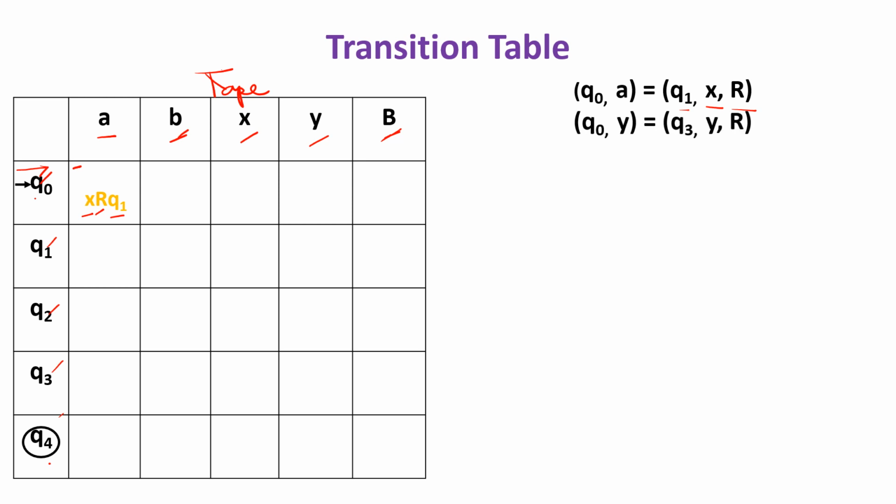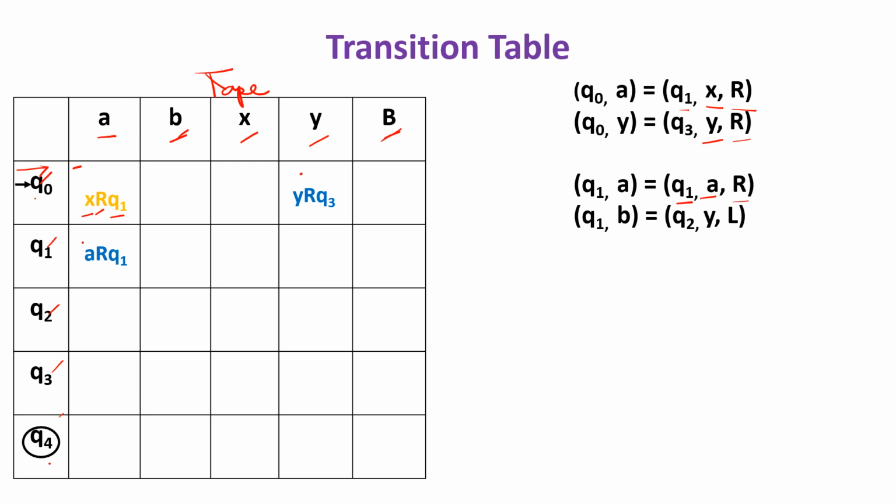Q0Y is equal to Y R Q3. Next, Q1A is A R Q1. Next, Q1B will be Y L Q2.